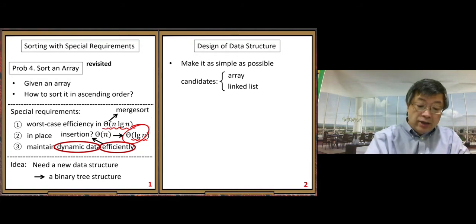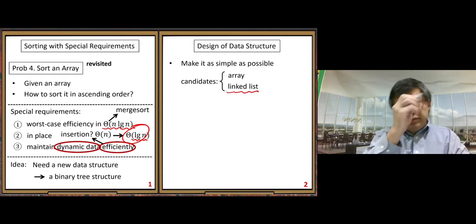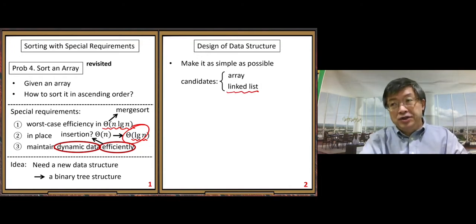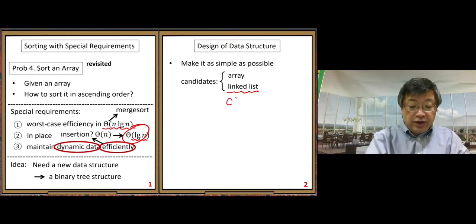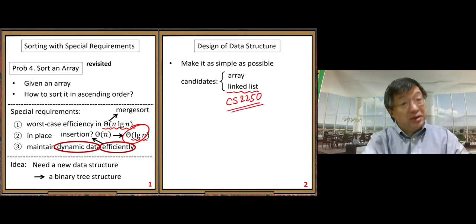I hope you know this linked list data structure. Recall in your CS 2250, this class, C++ and data structure, linked list is covered. I taught this before. I remember I taught linked list there.